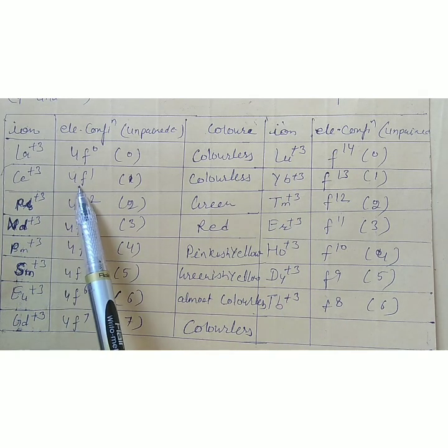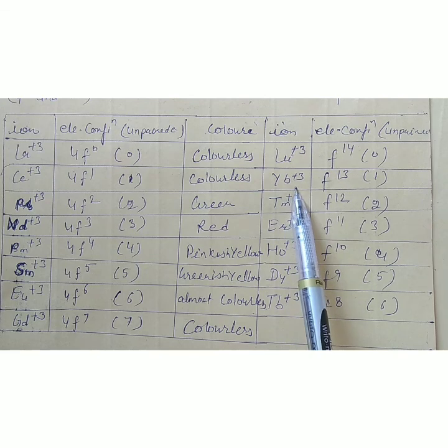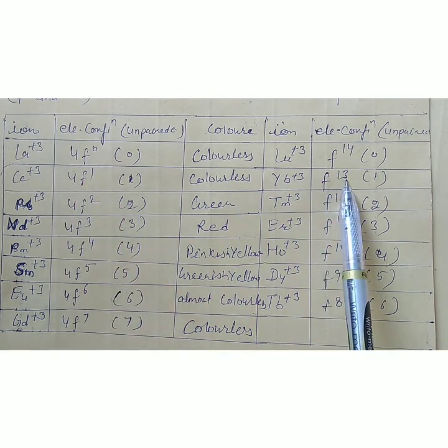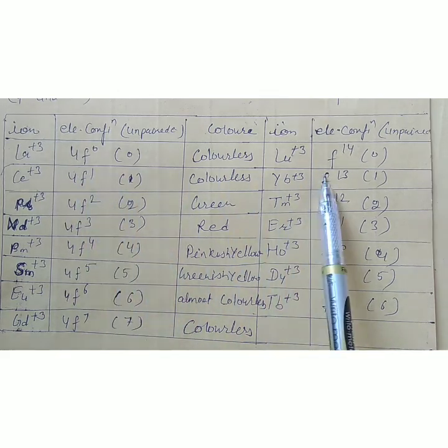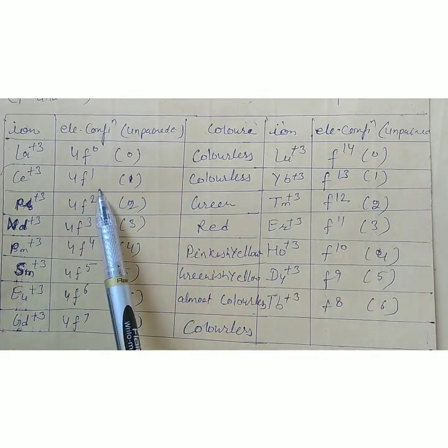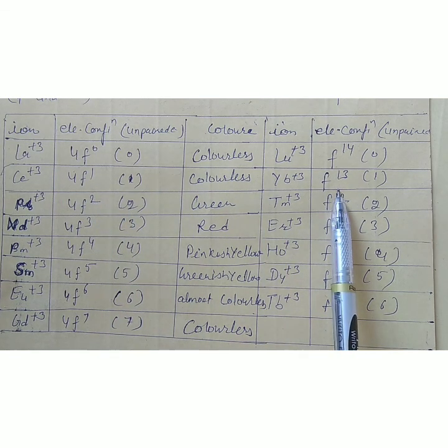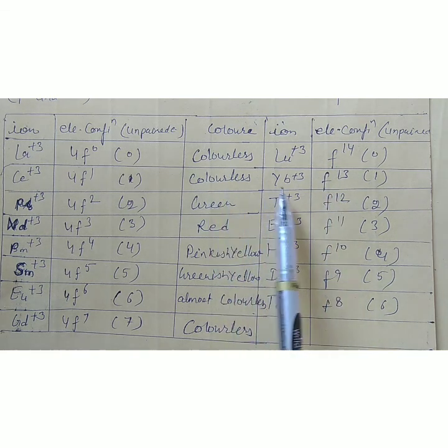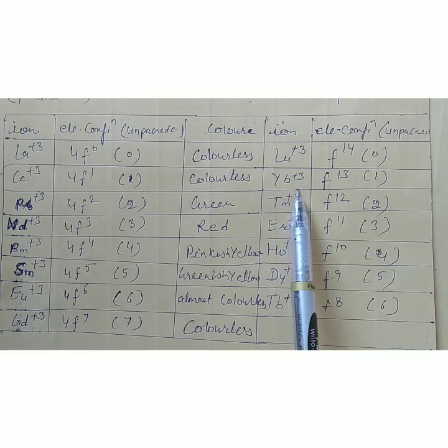Ce plus 3 is 4F1 and Yb plus 3 is F13, or 14 minus 1. These are colorless also. Ce plus 3 is colorless because it absorbs light from the UV region, while Yb plus 3 is colorless because it absorbs light from the IR region. Both lights are invisible to us.